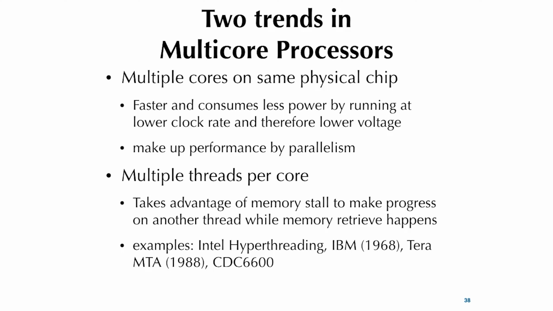So if you want to run fast, you have to crank up your voltage, and power increases with voltage squared. But then what does that mean? That means power reduces quadratically as well. So if you lower the clock rate and lower the voltage, your gain is a lot more than a linear gain.